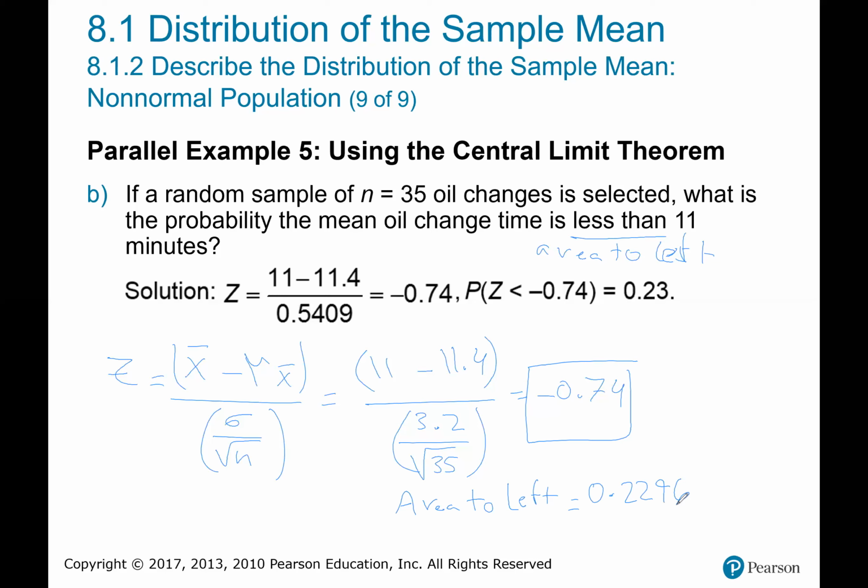Again, guys, I don't like the way the PowerPoint says rounded to 2 decimal places. So make sure, guys, in the exam later on, when we have an exam for chapter 8, you write it completely with the 4 digits. So it's going to be 0.2296. So the area to the left, because it says less than 11 minutes, is 0.2296, and that's it.